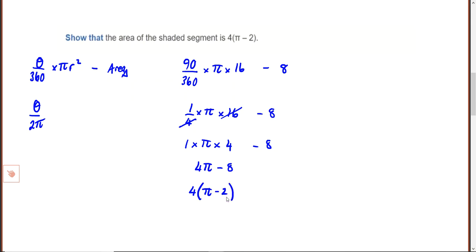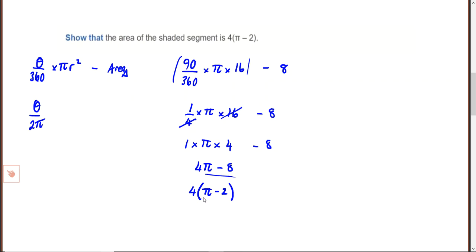1 mark for correctly substituting into the area formula. 1 for the area of the sector calculated correctly, so if you did that before the subtract 8. 1 mark for the 4 pi minus 8. And then it's assumed from that point because there are only 3 marks. So if you've done that or you've gone straight to that, that's fine.